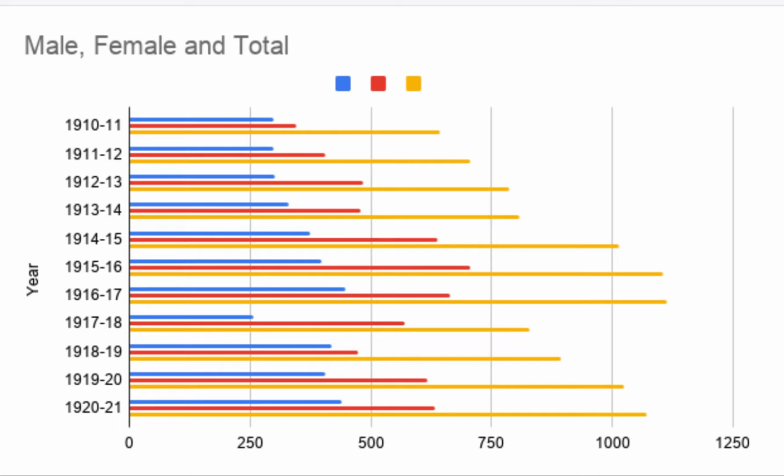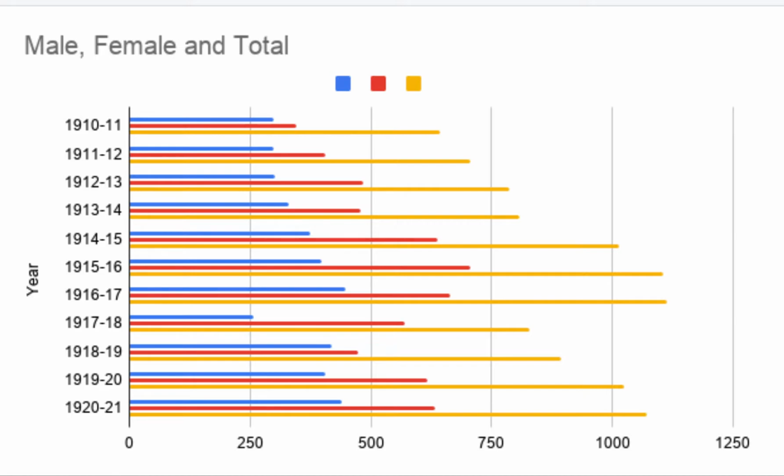Now I'm looking at 1910 to 1921, and something interesting is happening here, because suddenly female enrollment is outpacing male enrollment. There may be some reasons for that. We all know that World War I occurred, and that would explain 1917, 1918.